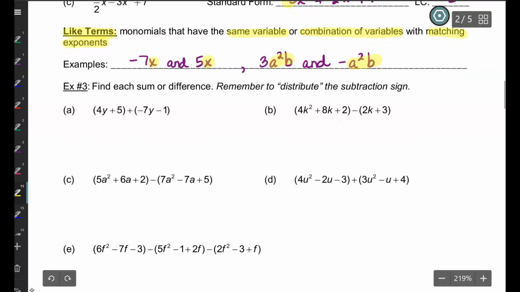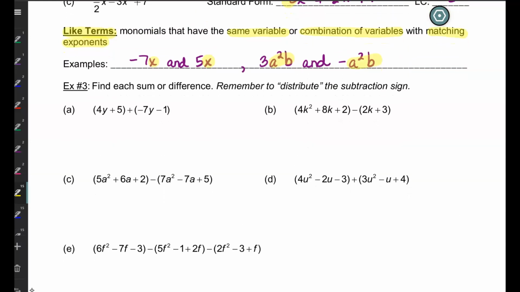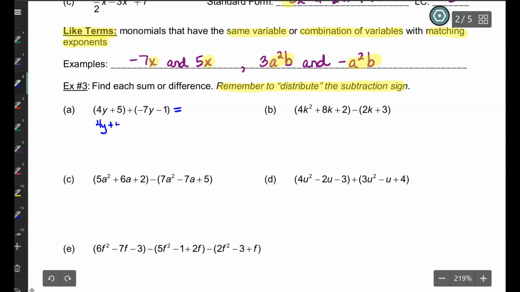These are going to be the last set of examples. We're going to find each sum or difference. And then just a quick reminder to distribute the subtraction sign. So if you notice a subtraction sign in between, we have to subtract everything in that second polynomial. Okay, so we have 4y plus 5 plus a -7y. So I'm just going to write that as -7y plus a -1.